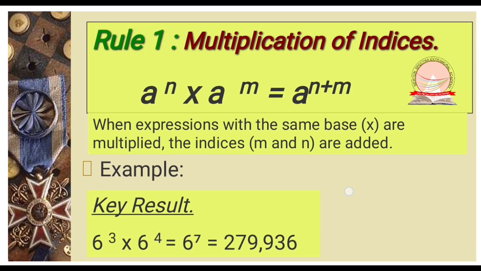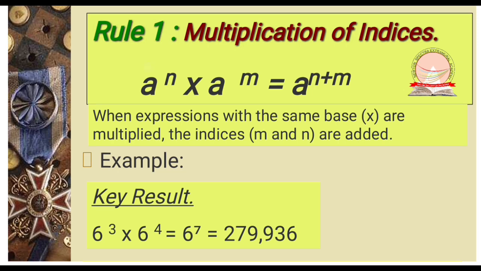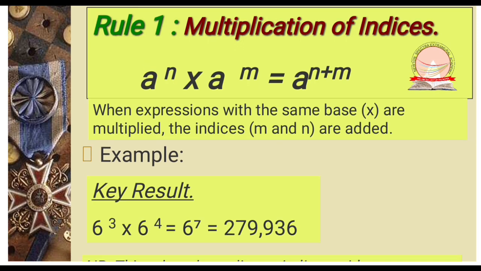We're going to start with the multiplication law of indices. If I have the expression a raised to the power of n times a raised to the power of m, this implies that a, which is the base, since the index notations both have the same base, therefore I'm meant to add up my indices n and m.